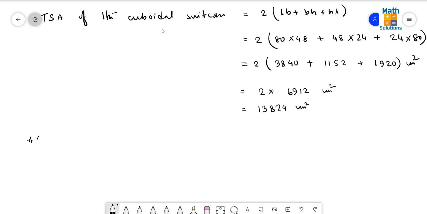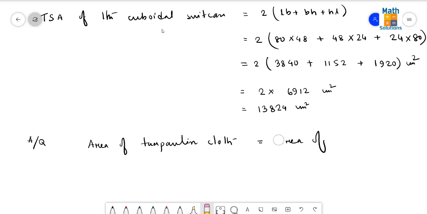So according to the question, area of cloth will be equal to area of, or we can say total surface area, that will be much better. Total surface area, that will be TSA of cuboid.